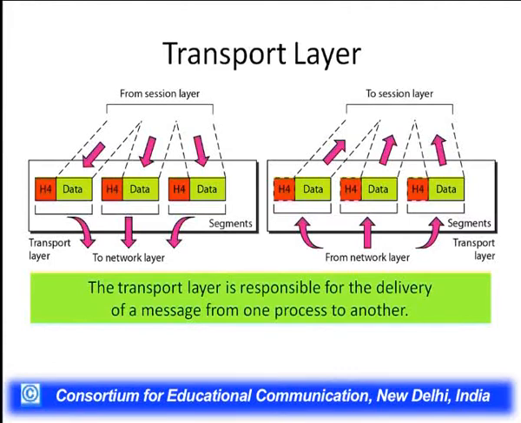When the packets reach the destination computer, the network layer passes them on to the transport layer. These packets are now called segments of data. The headers are removed by the transport layer, and then the data is transferred to the session layer of the receiving computer. So, in the transport layer, the unit of data is known as a segment.